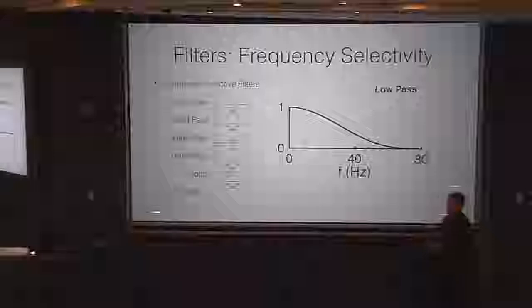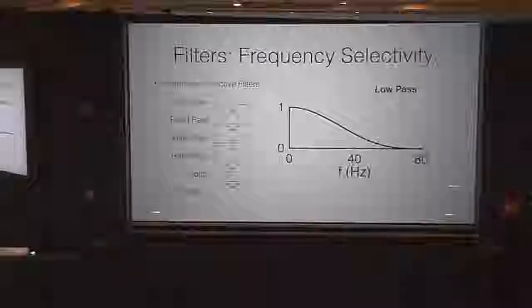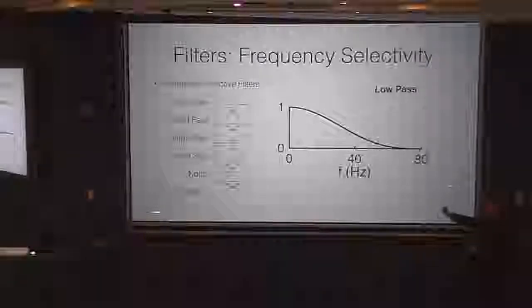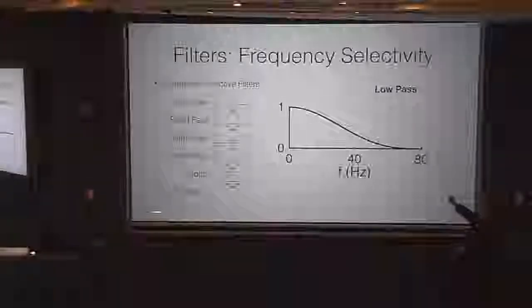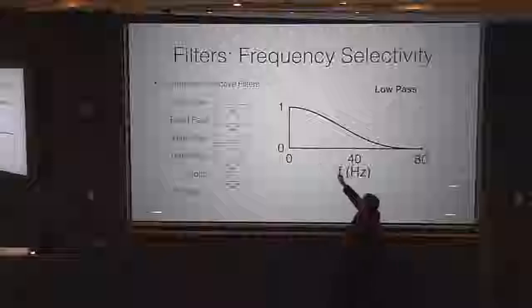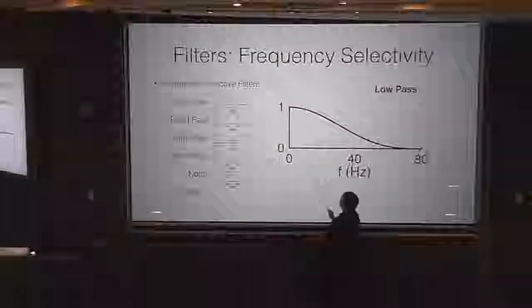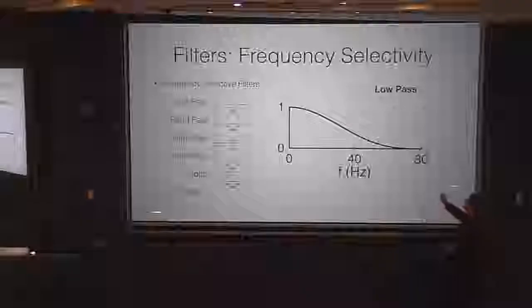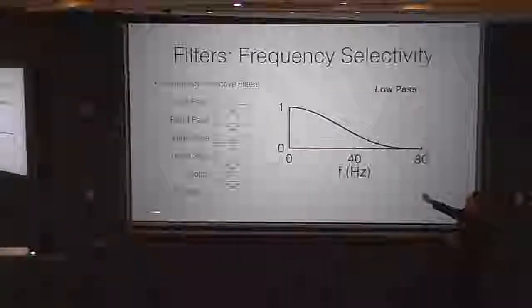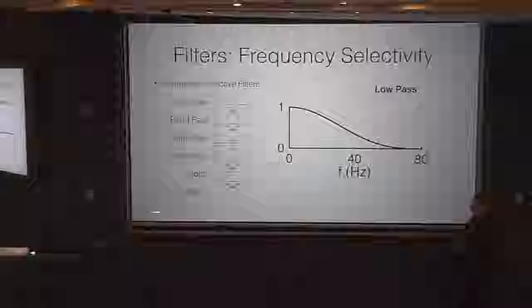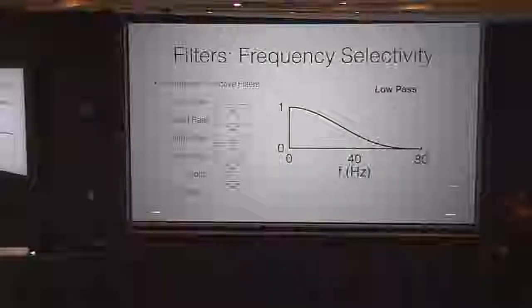You might have a cutoff at 40 hertz or below because you know that's where the signals are. And from your perspective, everything above here is noise, and so you want to attenuate it. If it's low pass, pass means that it's 1, it lets things through near 100% in the low frequencies. You could also call it a high stop filter, but we don't do that for traditional reasons. But it really is a low pass, high stop filter.